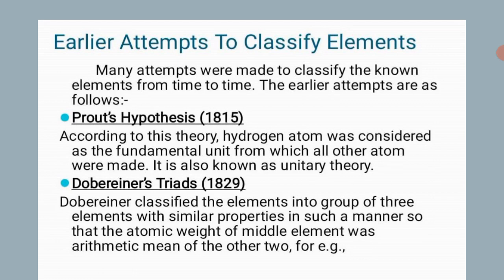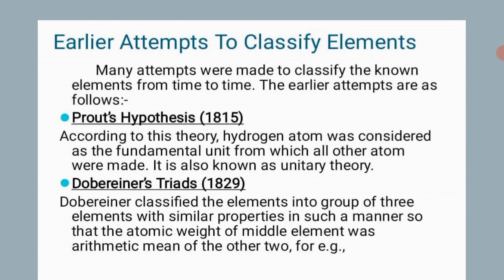Dobereiner's triads in 1829 classified the elements into groups of three elements with similar properties in such a manner that the atomic weight of the middle element was the arithmetic mean of the other two elements.